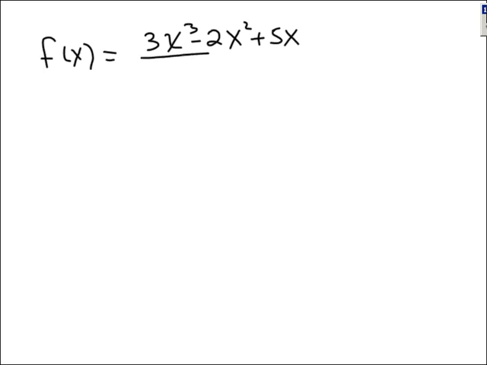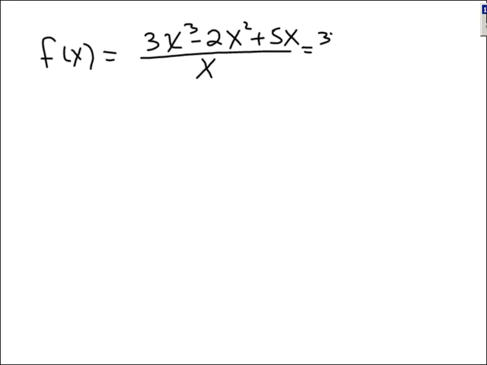Now we'll do some quotient rule problems. What if f of x was equal to 3x cubed minus 2x squared plus 5x, and we're dividing this by x? If this was the problem, I wouldn't use the quotient rule. I would do the division.